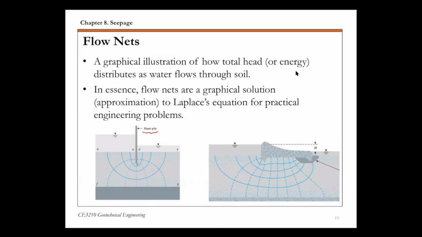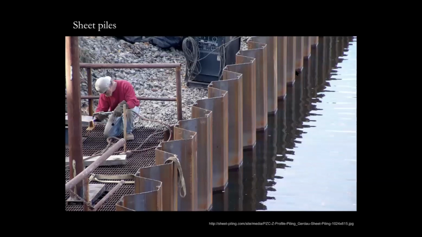First, very briefly, the sheet pile is basically a retaining structure. If you look at this picture, you have all these steel sheets interlocked with each other. They create a flow barrier that retains the soil on one side and blocks flow from the other side.